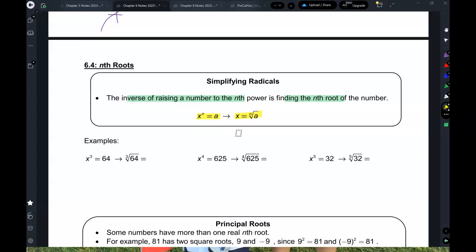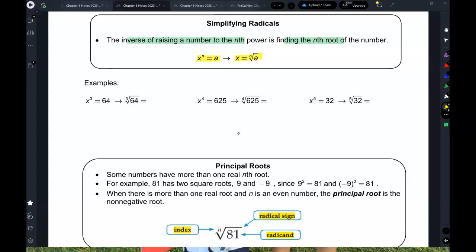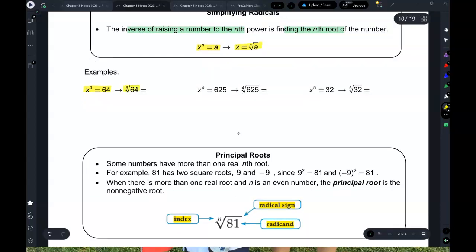Let's take a look at this first one here. I have x cubed is equal to 64. Basically, what that question is asking is what number, when you multiply it by itself 3 times, is 64? Now, this is another way of writing the same thing. When I see this, it is also saying what number, when you multiply it by itself 3 times, is 64.